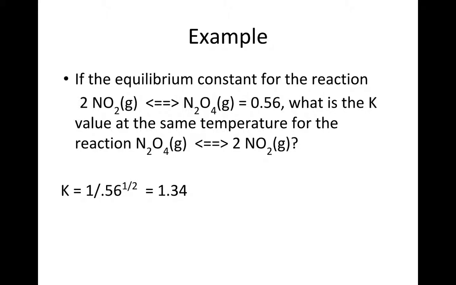So let's take a look at an example of that. We have 2NO2 gas yields N2O4 gas. That's an equilibrium. And the K value for that is 0.56. What would be the K value for the reaction N2O4 yields 2NO2? Actually, I have made a mistake here. I thought we had divided the reaction by 2. We did not.